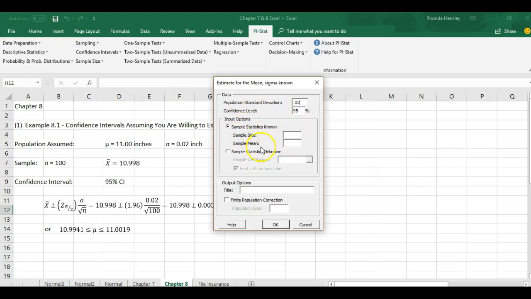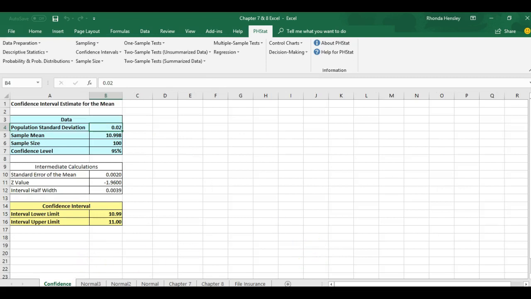And then sample statistics known, we don't have a file for this. So my sample size was 100, and my sample mean was 10.998. If you had an actual file, then you would click on this and tell it where the range was. And then you just say okay. It should pop up with a confidence interval, which is the same one I think that we got before.